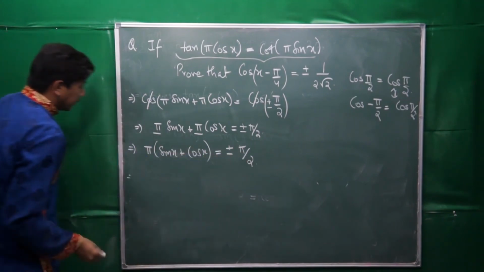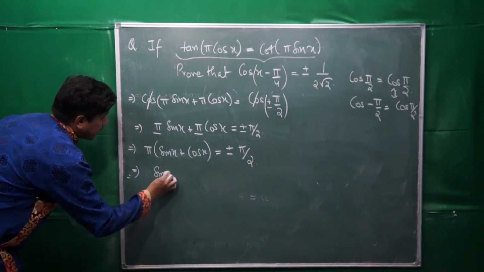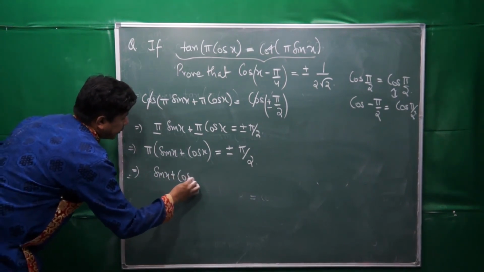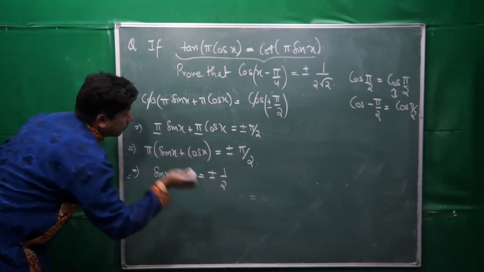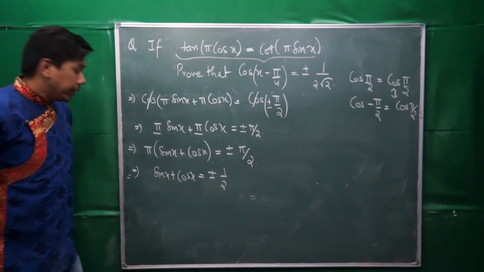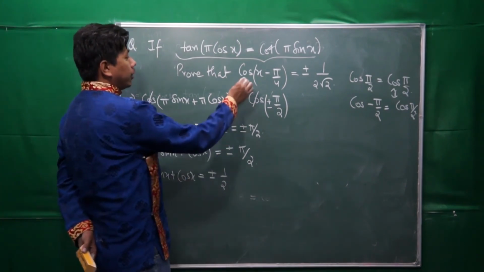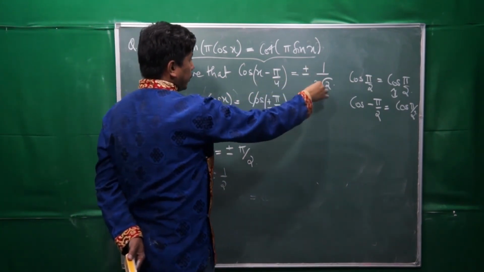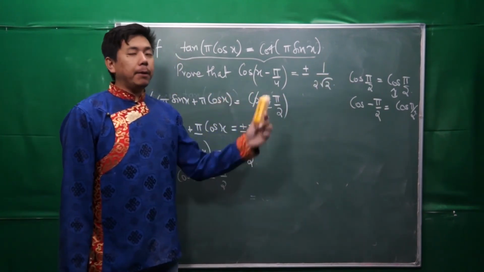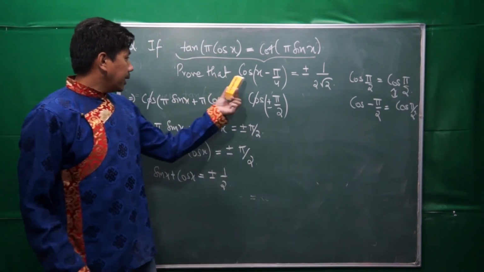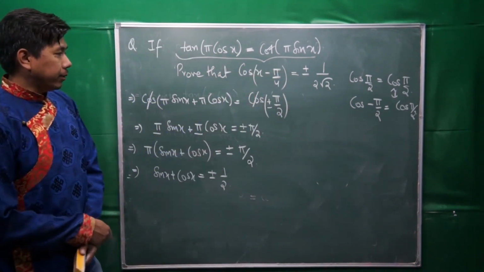Pi gets cancelled, and then we are left with sin x plus cos x equals plus minus 1 by 2.